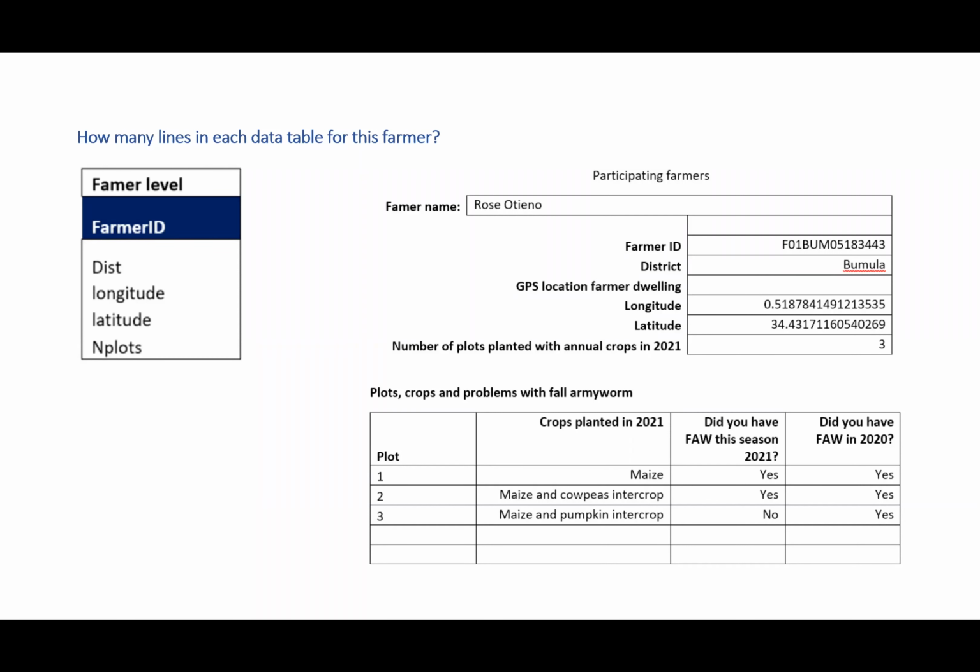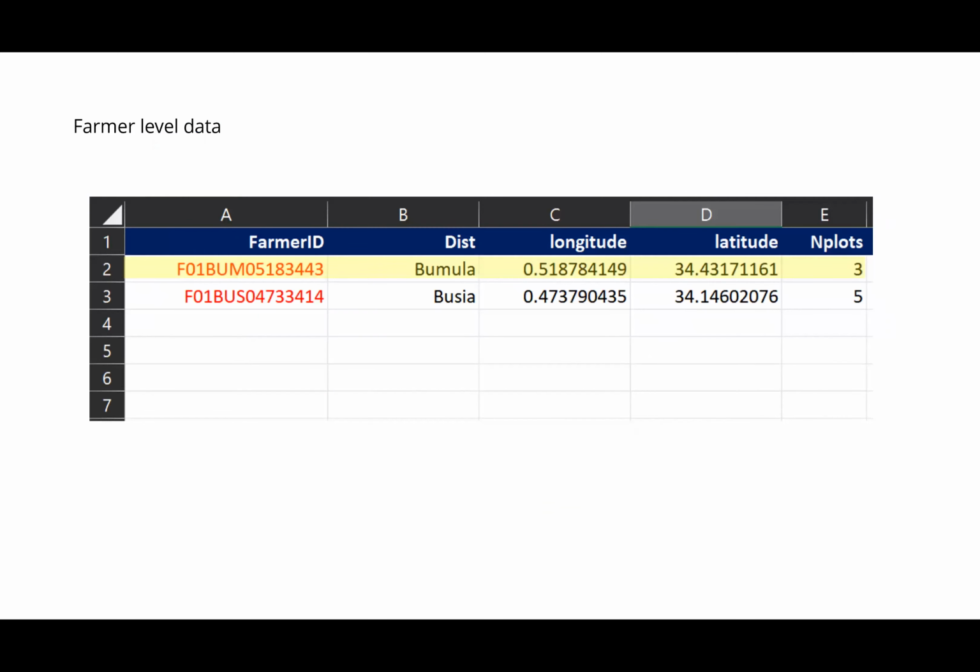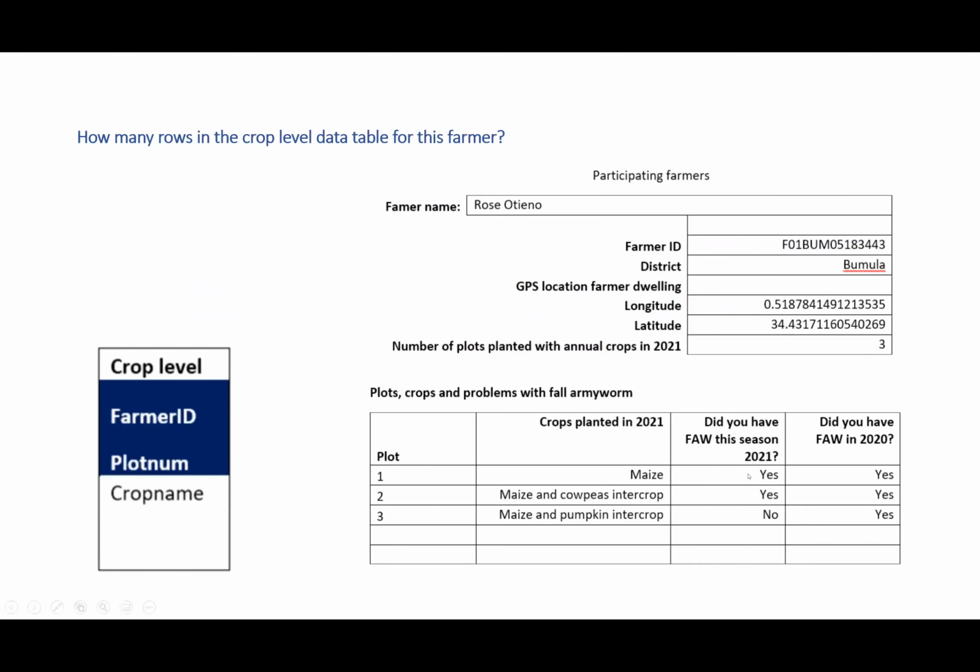No questions. So let me go to what you know, I believe, is the next question. So we move to the crop level, where they have the farmer ID, the plot number, and the crop name. Okay? So that is this part here.